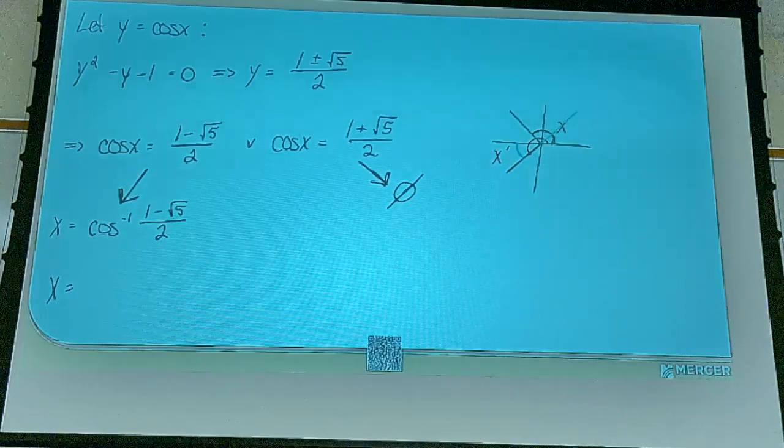This is the reference angle. X and X prime should have the same reference angle.